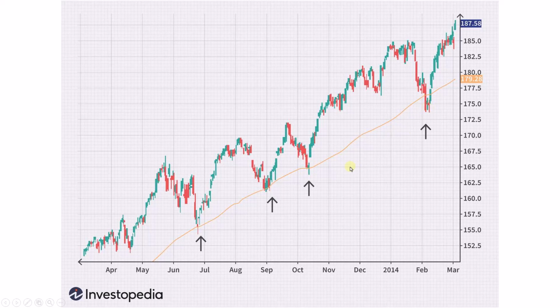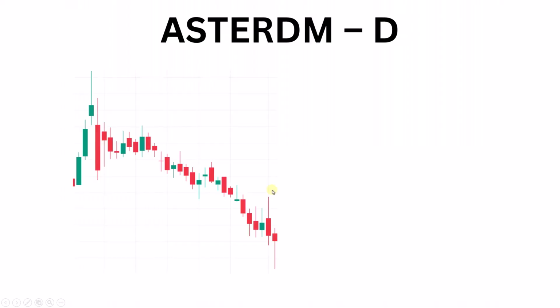All right. Now, let us take few examples of hammer pattern. Okay. This is the name of the company and this is the chart of it. So let us apply all the rules of hammer pattern.